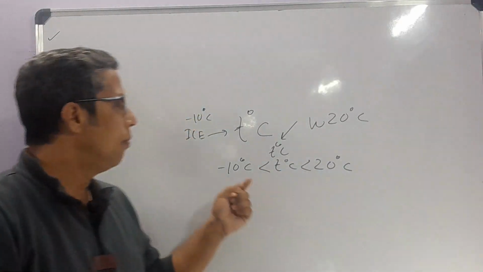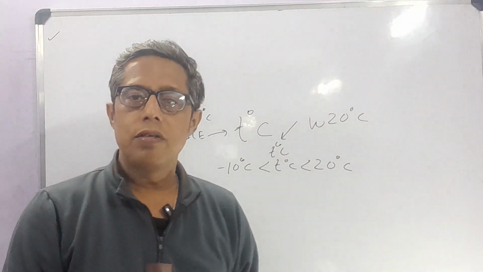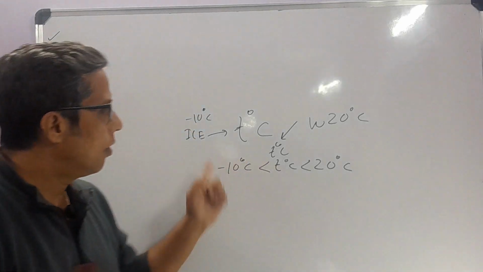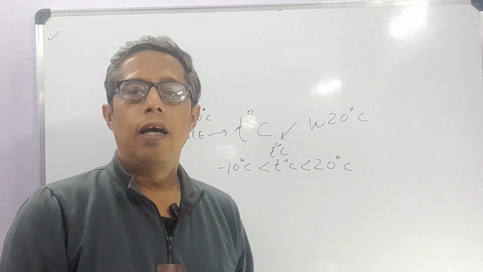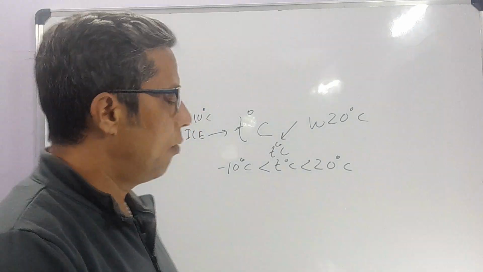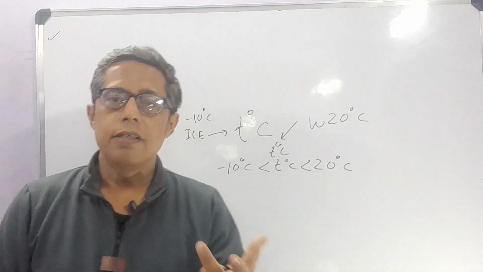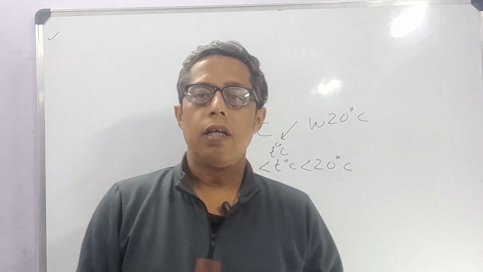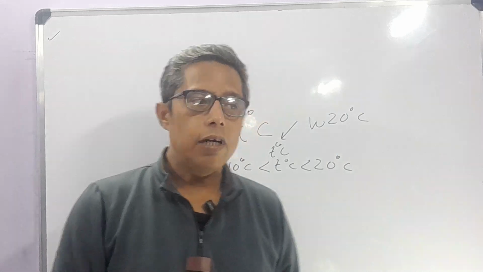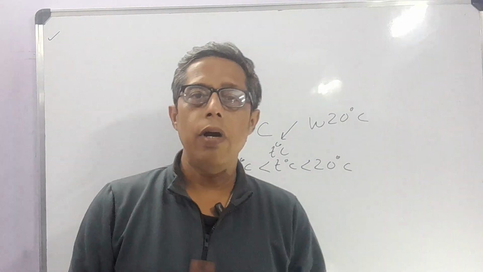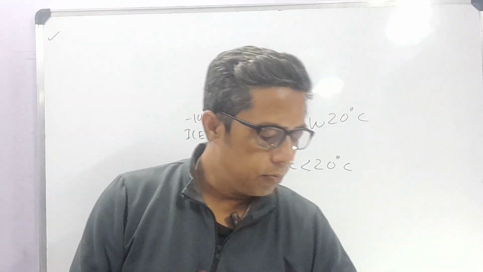It will definitely be more than 0 degrees, because in this case we are taking full ice which melts to water. You can also get a question where partial ice converts to water. Let's say ice is mixed with water at 5 degrees centigrade. In that case, the full ice may not melt; only part of the ice will melt.